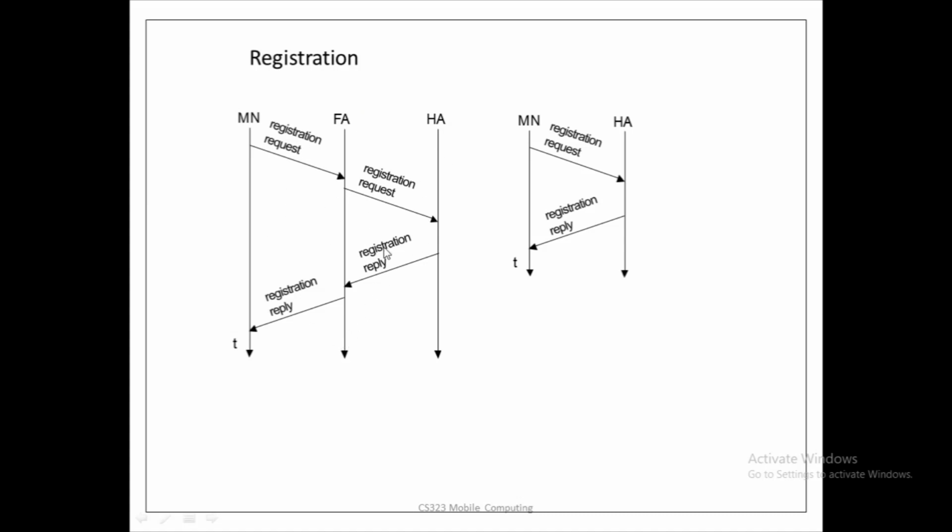The mobile node MN sends its registration request containing the COA to the foreign agent, which forwards the request to the home agent.